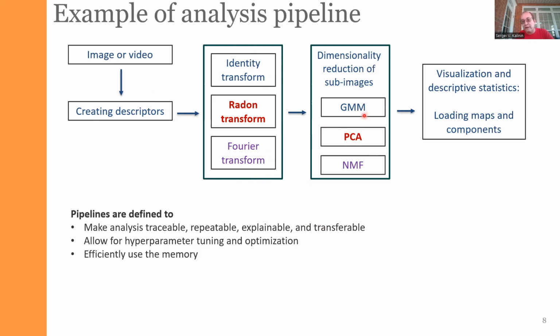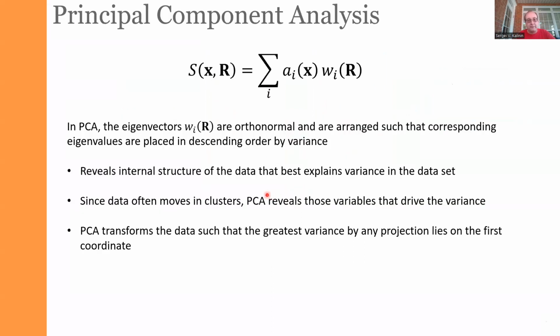But when you define the GMM or NMF, you need to define the number of components. When you do the PCA, you define what number of components to keep. So these are the parameters that you want to optimize, and ideally you want to optimize them in an automated fashion, not manually. And we'll get to the point of how it is done using the Bayesian optimization down the line.